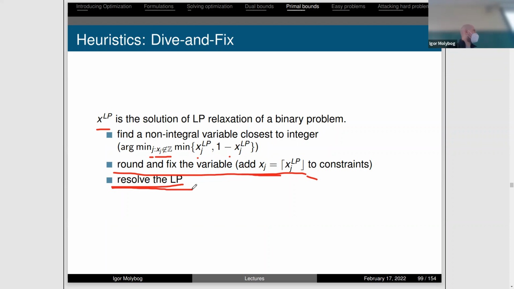If we have obtained an infeasible LP, that means that our heuristic has failed. We need to find something else. And if we have run out of variables, that means that we have fixed all of the points, and potentially we have found an integral point that is feasible to our problem. Any questions regarding the idea of dive and fix?